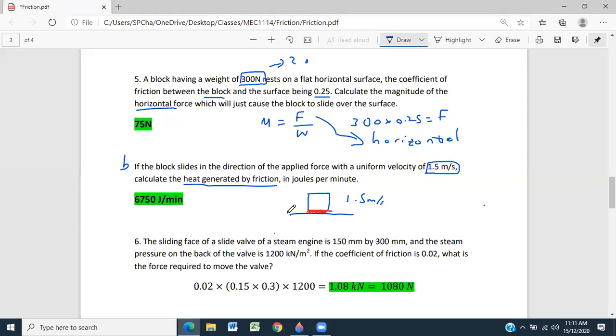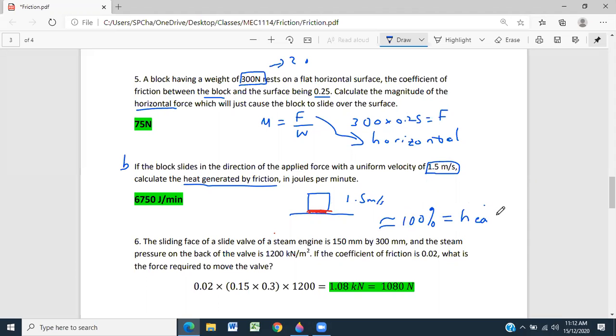Most of that work, some goes to sound, some goes to heat, all different things, but let's generalize and say 100% of the negative work done by friction, or almost 100%, is equal to the heat. It goes to heat.